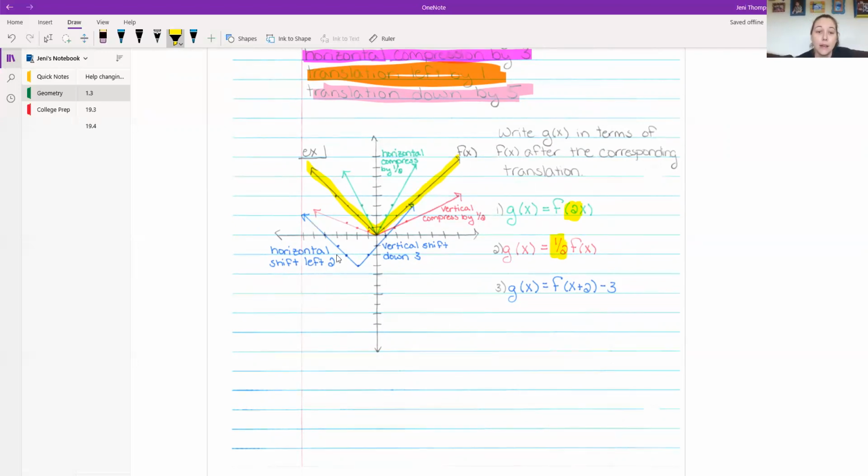And then our translation here. So here's our original equation. We know that it's a vertical shift down 2. So down 2 means we subtract 3 from the outside of the function. And then left 2 means we add 2 to the inside of the function.